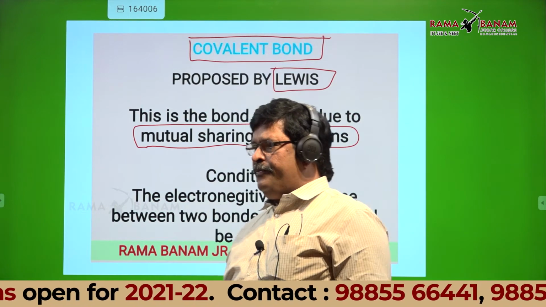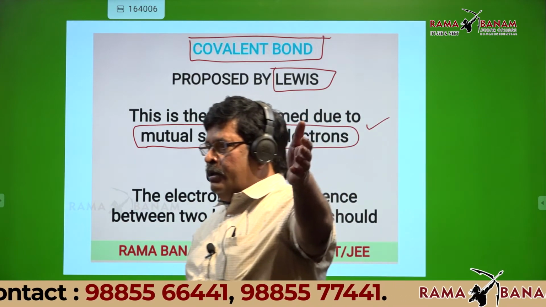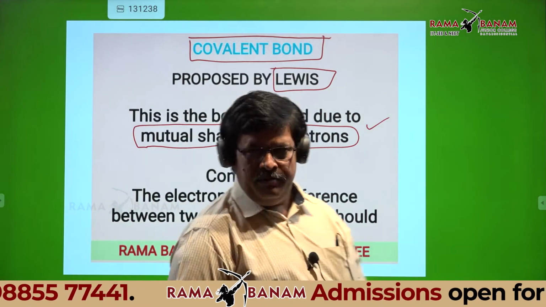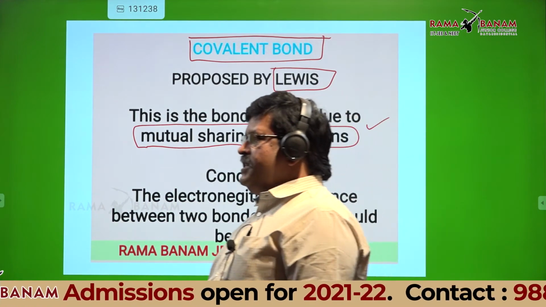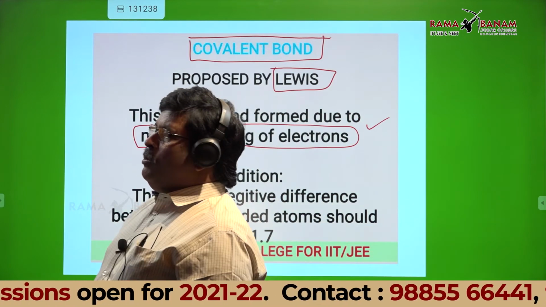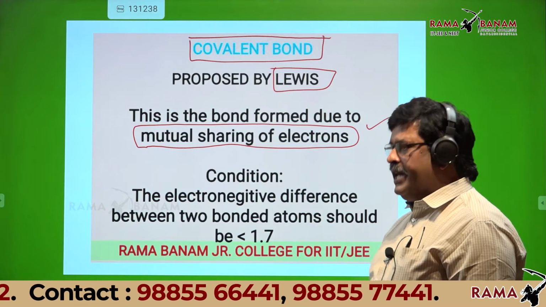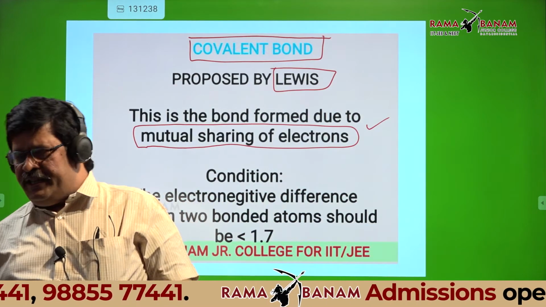Is it okay? First write the definition. This is the bond formed due to mutual sharing of electrons or electron pairs, or simply you write electrons, nothing wrong in that.